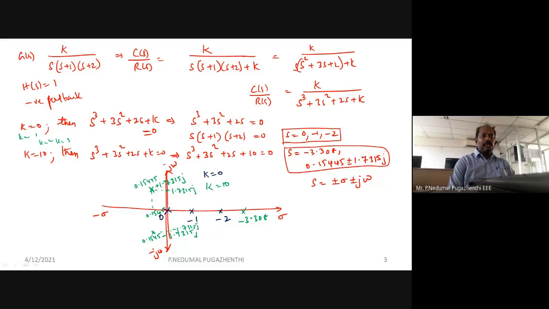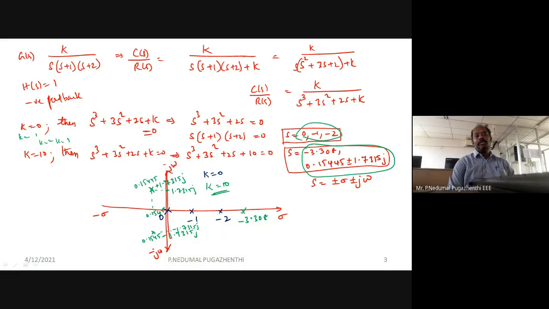So these three roots, 0, minus 1, minus 2, have now captured the points minus 3.308, 0.1545 plus 1.7315j, and 0.1545 minus 1.7315j. These roots have been moving based on the change in my gain value.